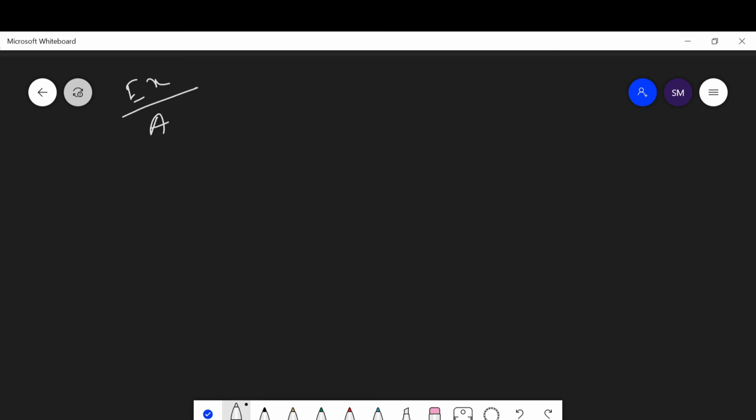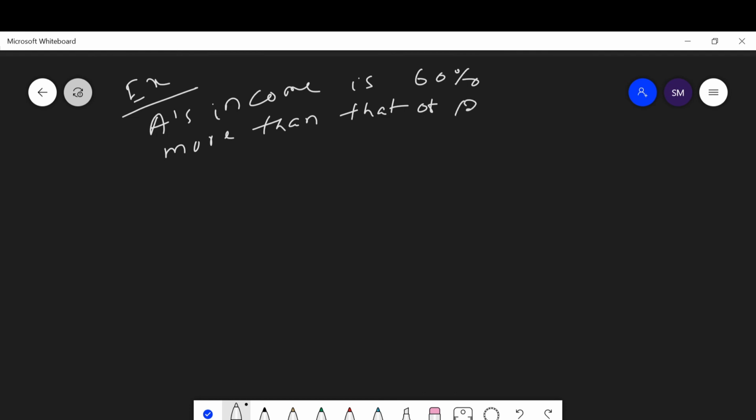Here the question says A's income is 60% more than that of B. But by what percent is B's income less than A's? Here you have to find out by what percent B's income is less than A's.